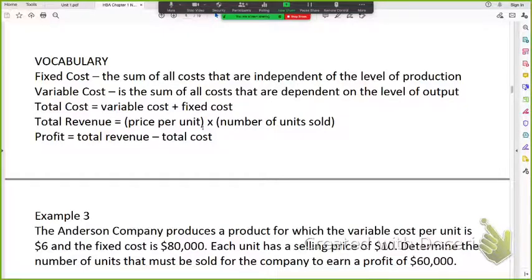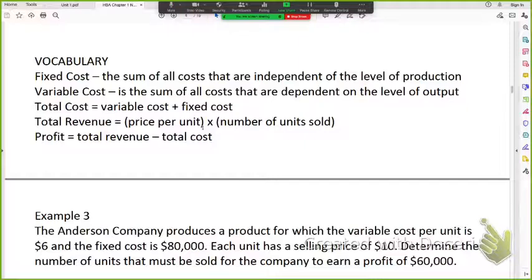And then profit is the biggest one. How much money are they going to make at the end? Revenue is how much you're getting in from selling it, but you have to subtract out how much you paid to make it to begin with, because you're not getting that money back. So your profit is total revenue minus total cost. We're going to use that in example 3 to put together our equation for this.